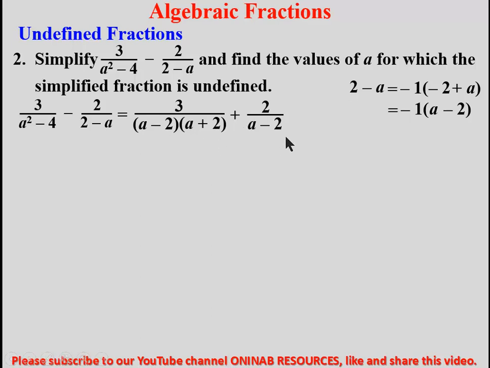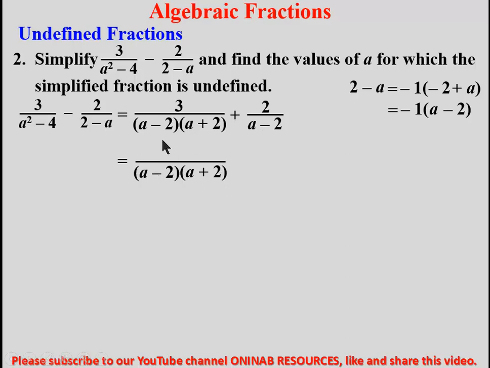Now we go ahead to simplify the fraction. We have a minus 2, a plus 2 here, and a minus 2 here. So the LCM of the two is a minus 2, a plus 2. Since we have a minus 2 here, a minus 2, a plus 2 is the LCM.